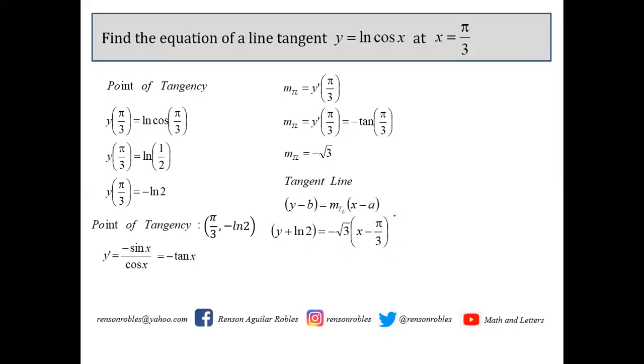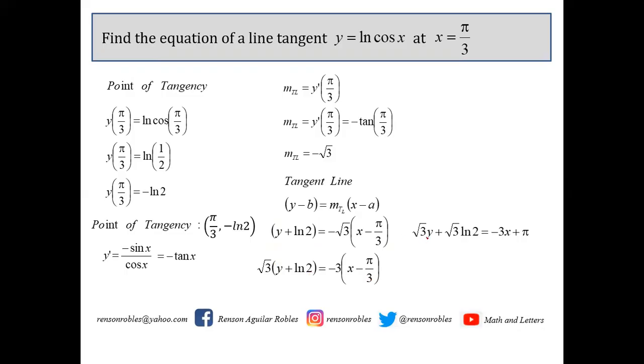So what we need to do to simplify is to multiply this by square root of 3. So we shall have square root of 3 times the quantity y plus ln 2 equals negative 3 times x minus pi over 3. So we shall have square root of 3 y. You just introduce square root of 3 to each term inside y plus ln 2.